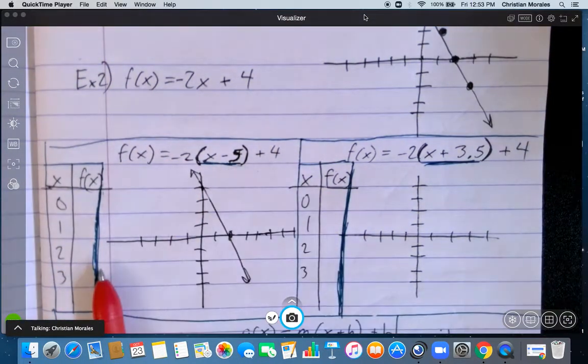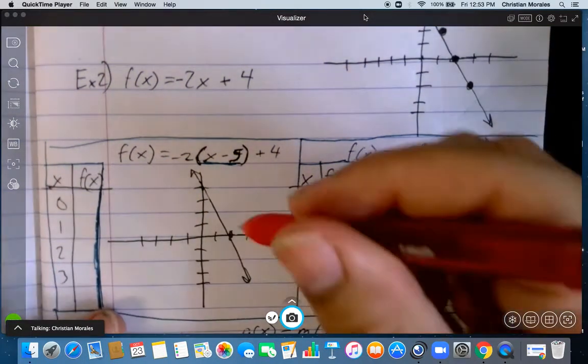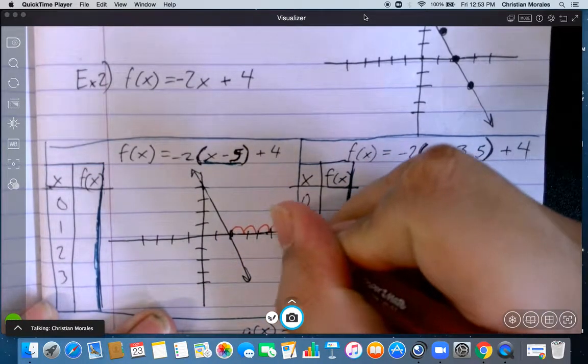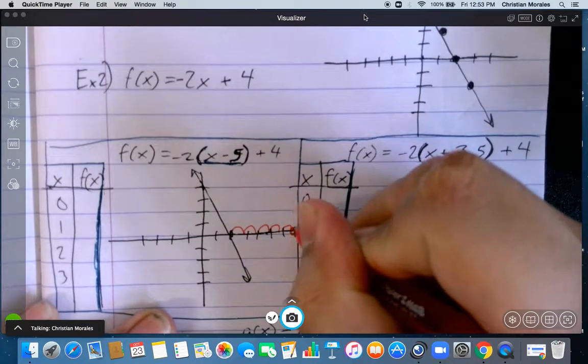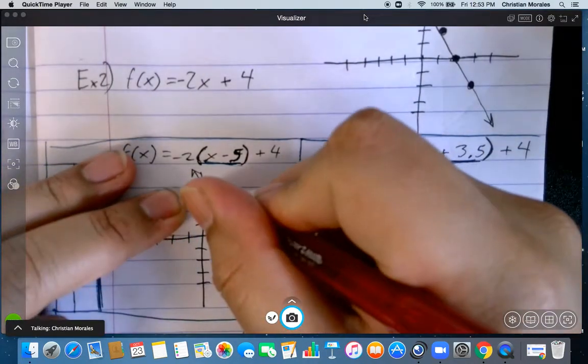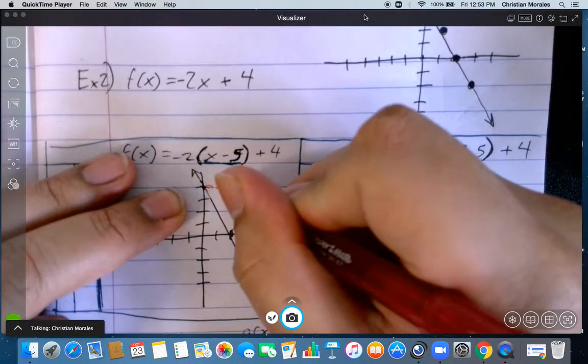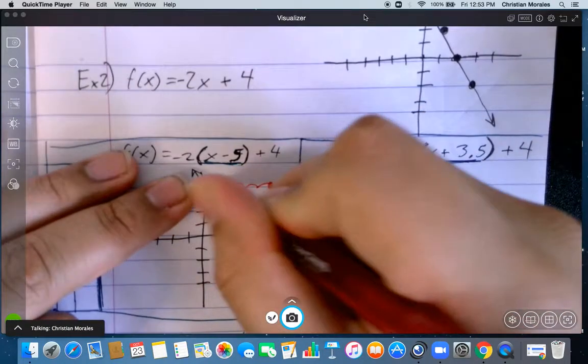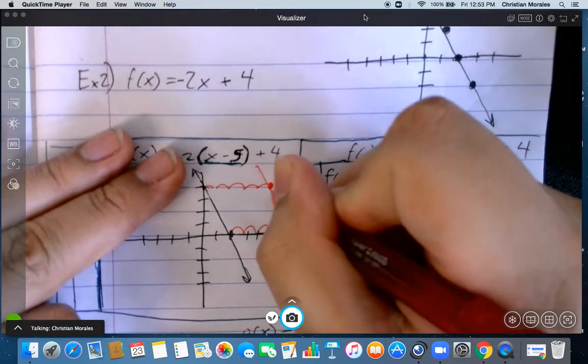When you see this, it's going to move the line 1, 2, 3, 4, 5 spaces over. So if you move the line 5 spaces over, your line is now over here.